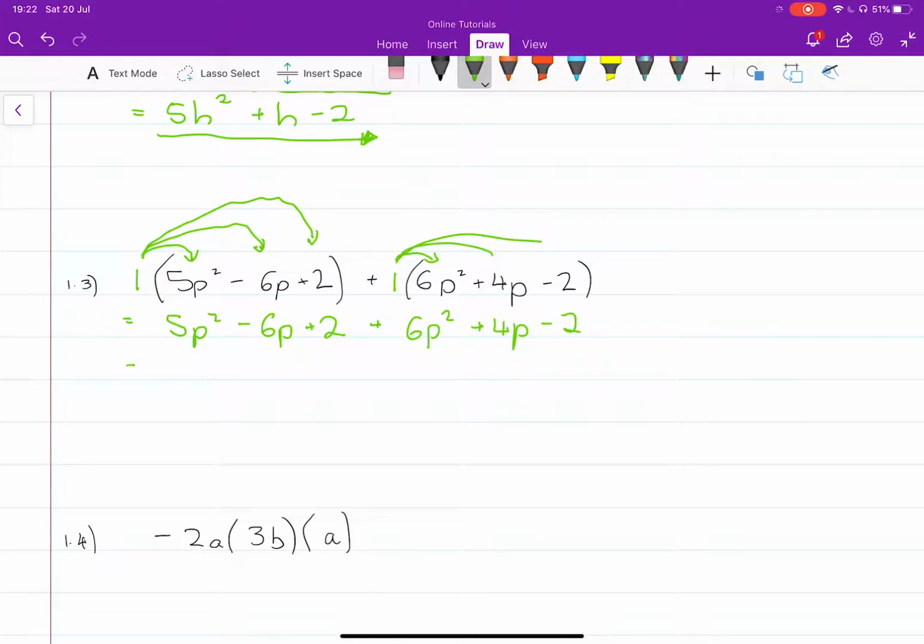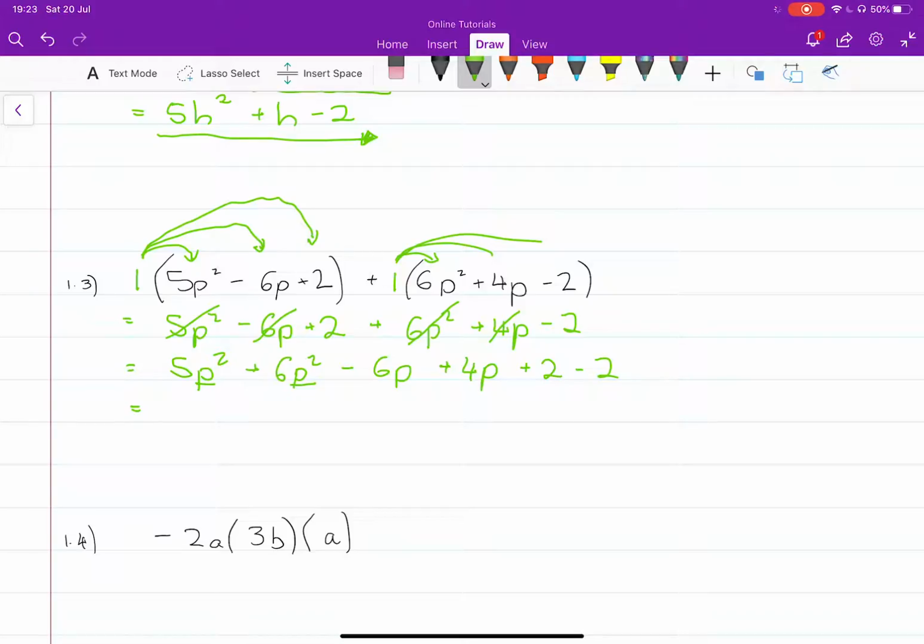Okay, now, once again, let's group things that are similar. 5p squared, so we've dealt with that, plus 6p squared. Okay, so p squareds are all finished now, so let's go on to minus 6p. Plus 4p is also dealt with, and then plus 2 minus 2. Now we deal with things that have the same exponents and the same variable.